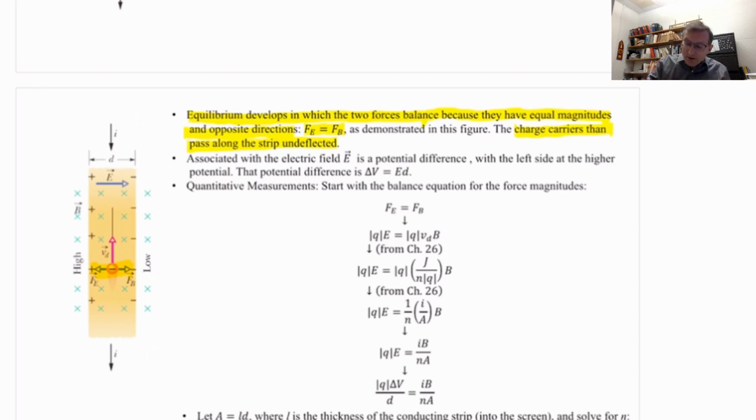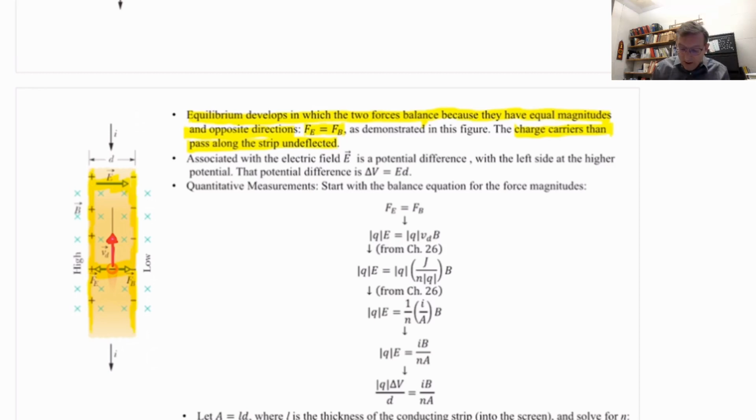So no more deflection. The V drift for the conduction electrons is straight up through the strip. And I've got an electric field within the body of the strip from left to right. And I've got excess positive charge on the left side of the strip and excess negative charge on the right side.